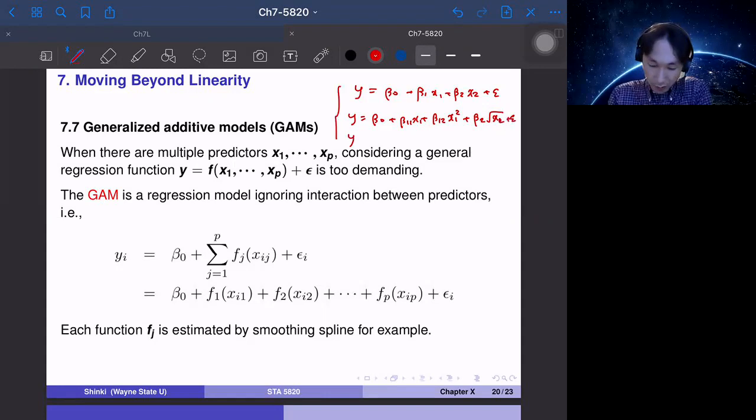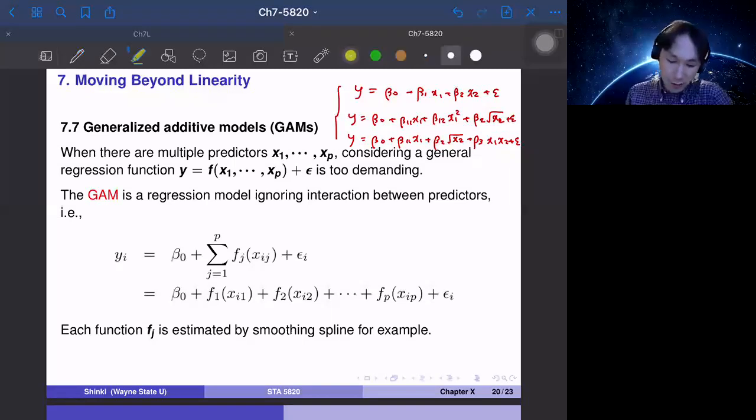Or even more complicated models such as y is equal to beta naught plus beta 1 x1 plus maybe beta 2 times the square root of x2 plus beta 3 times x1 x2 plus epsilon. So the situation is much more complicated than just one variable, and generalized additive models deal with these models.